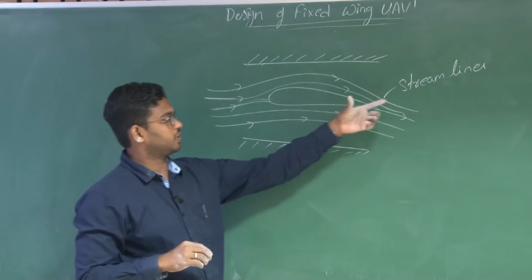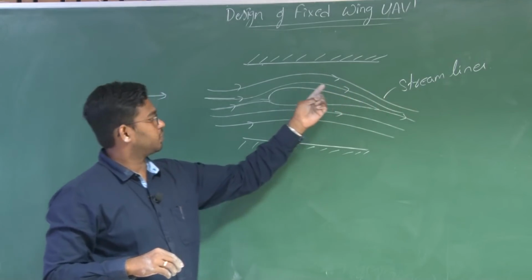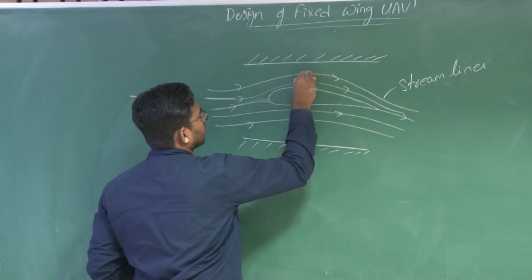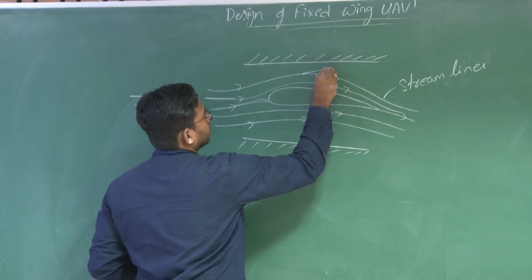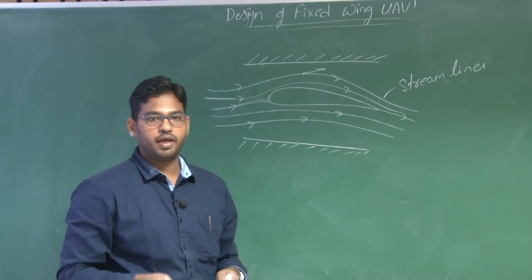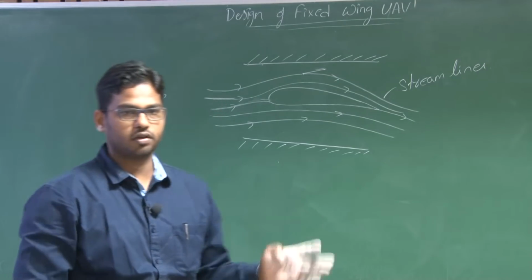It's a path traced by the fluid particle, in which if you draw a tangent at each and every point, say here, it gives you the direction of velocity at that particular point.